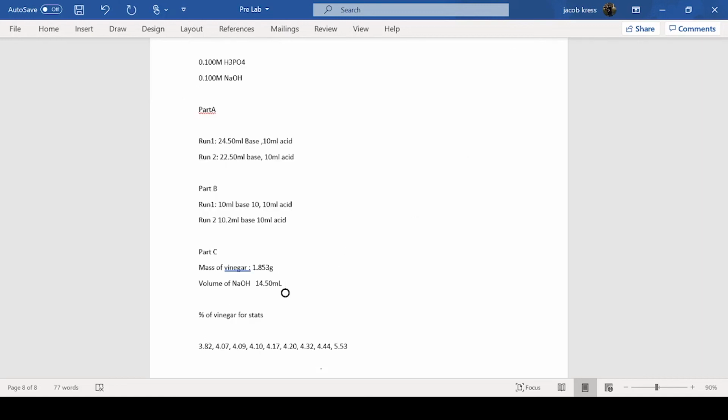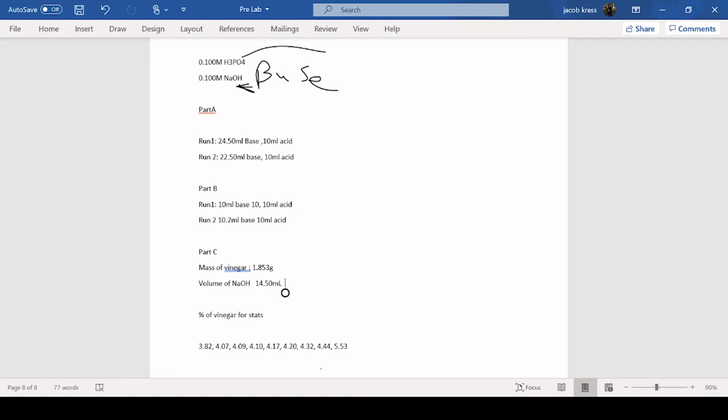So the very last thing you guys need is obviously the data. So this is going to be the data you guys are going to use for the experiment. So for all parts of this experiment, the concentration of the sodium hydroxide is 0.1 molar. That's the base, for those who aren't sure which is which.